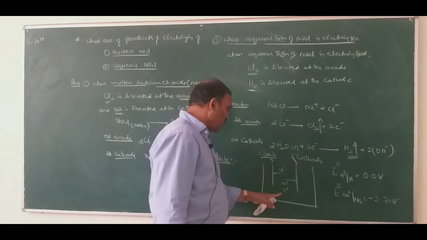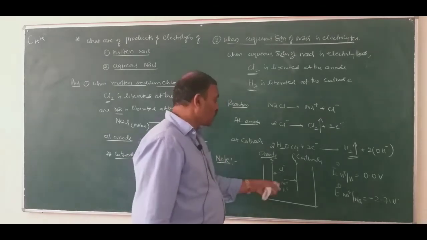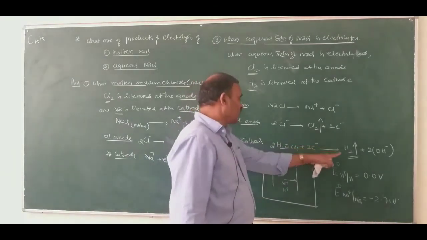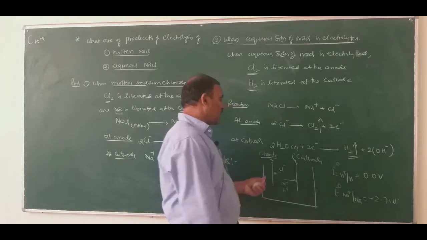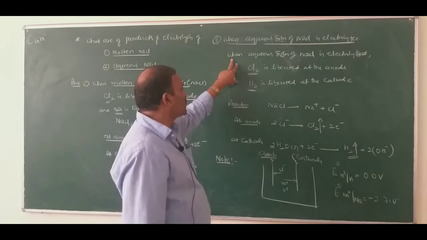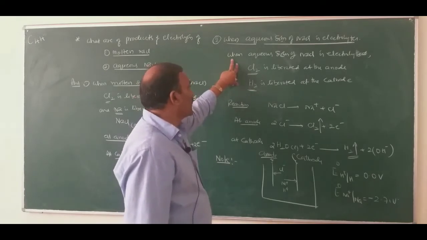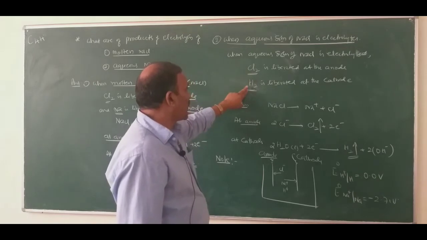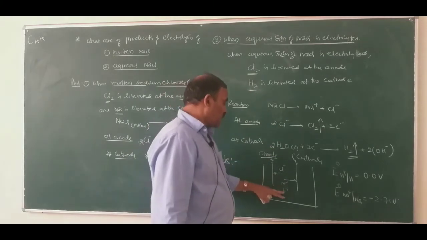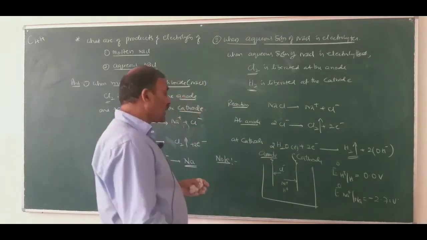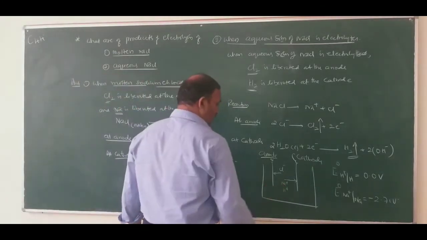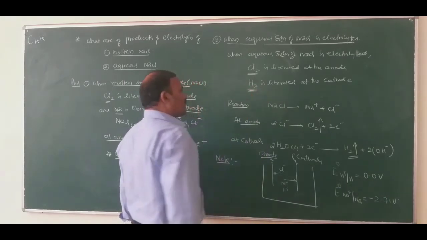Therefore, out of these two ions, hydrogen ions are reduced first when compared to sodium ions. Therefore, hydrogen is liberated at the cathode. So that is the reason we have to bear in mind that during the electrolysis of aqueous solution of sodium chloride, chlorine is liberated at the anode and hydrogen gas is liberated at the cathode, because hydrogen ions having a higher value of standard electrode potential are reduced first when compared to sodium ions. Therefore, hydrogen gas is liberated at the cathode.